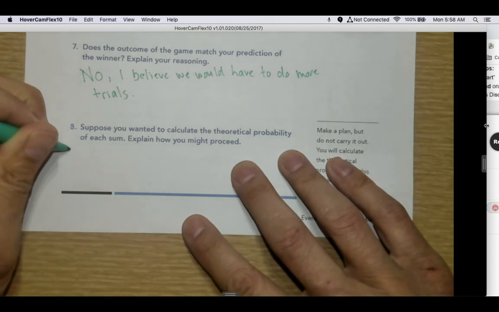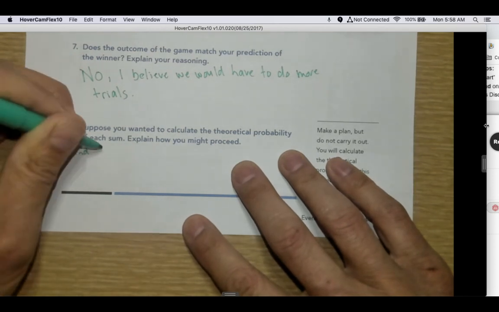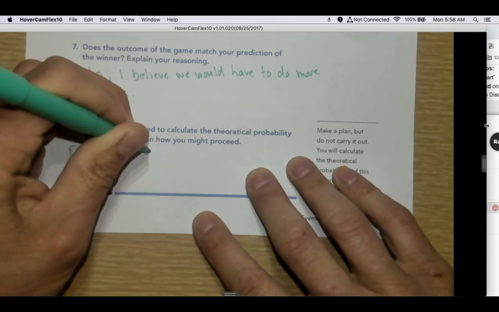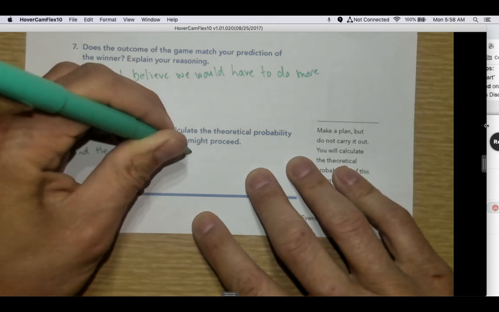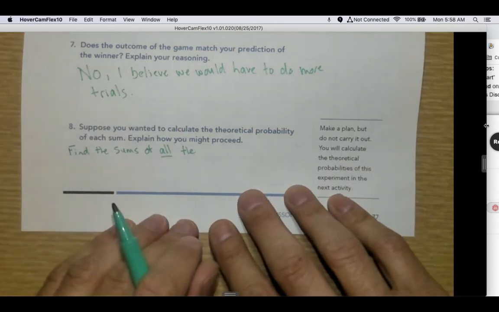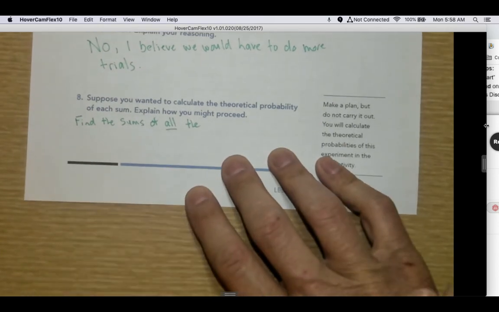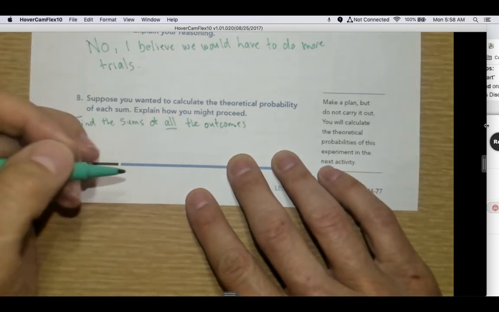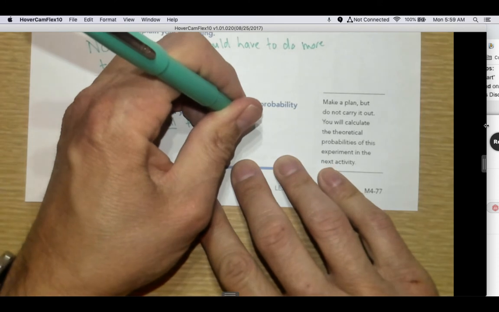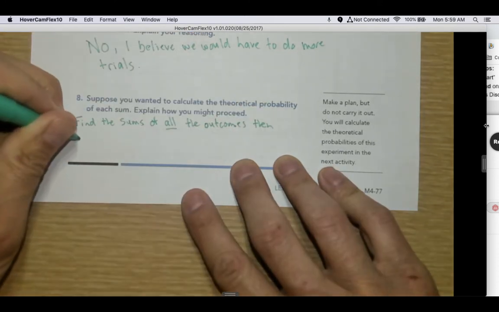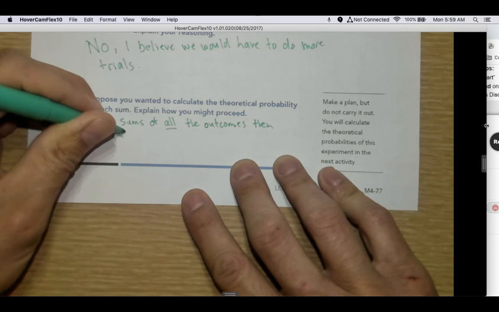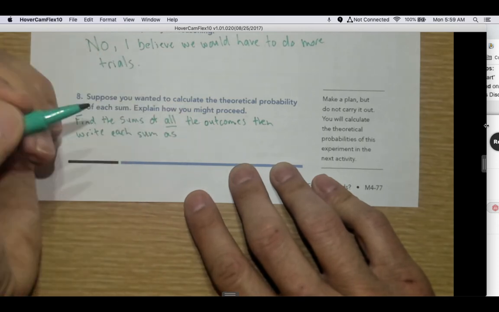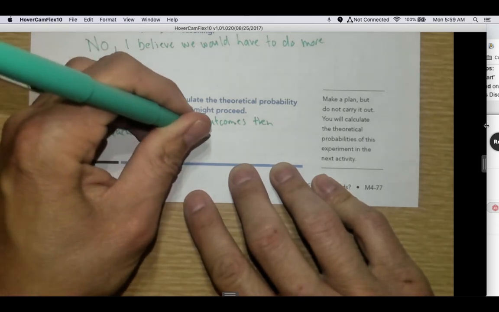Well, I would do what I started to do: find the sums of all the outcomes, then write each sum as a probability. Make a table.